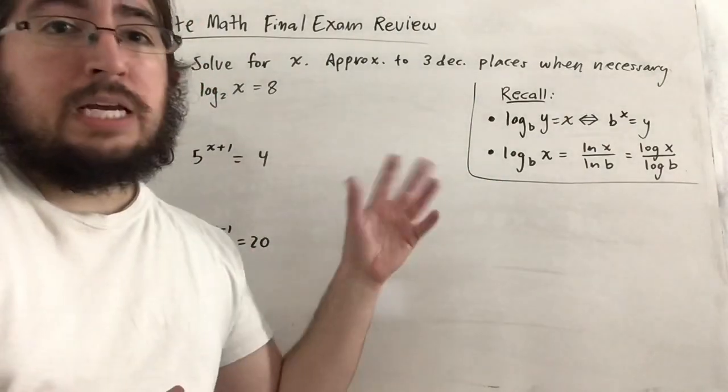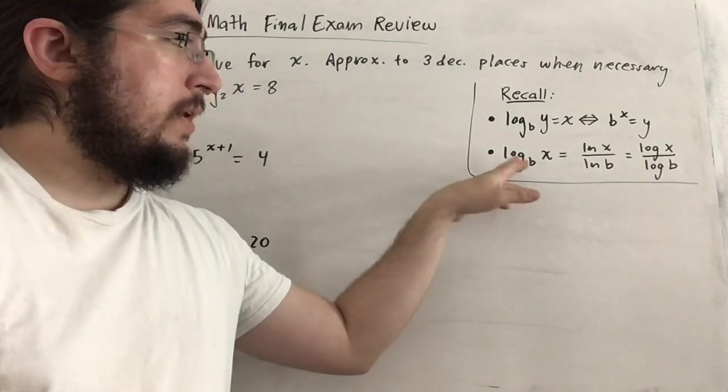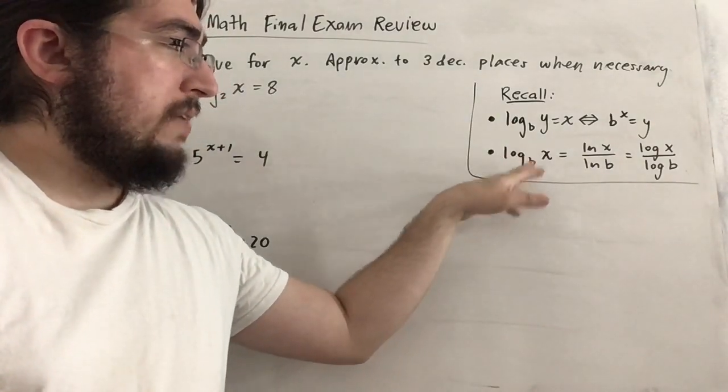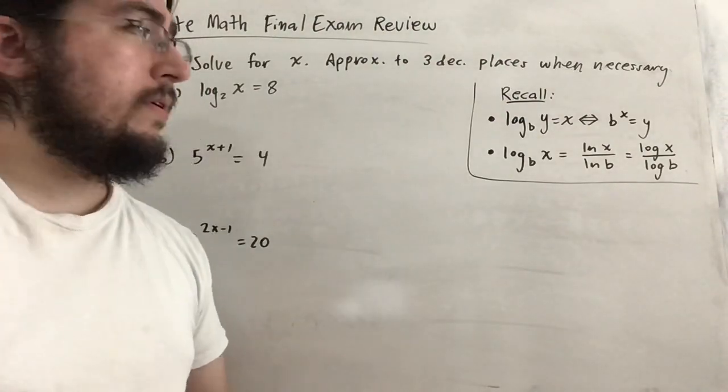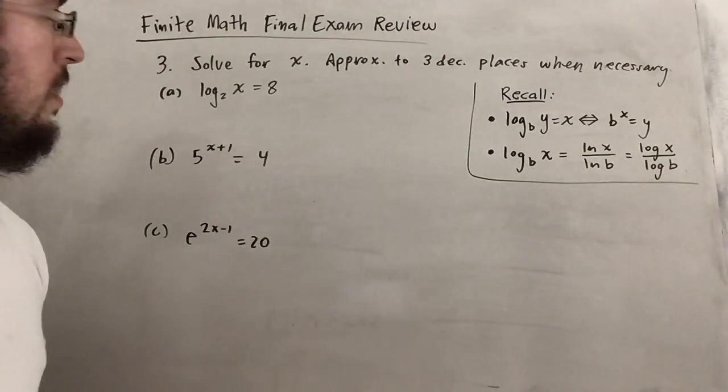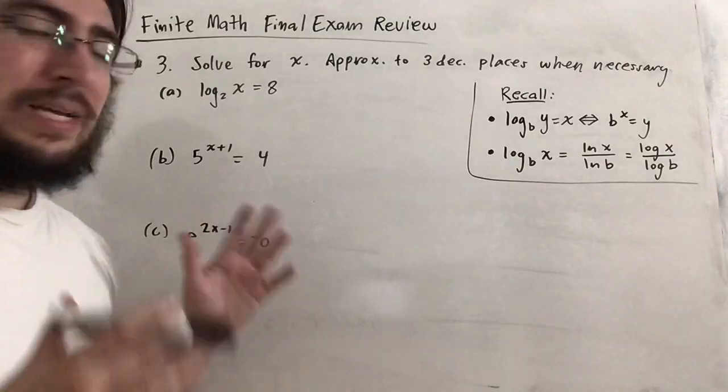Now in reality, we can change the base to anything. So I could say log base b of x is the same as log base c of x over log base c of b, where c is any positive number, bigger than 1. But anyways, I digress a little bit.